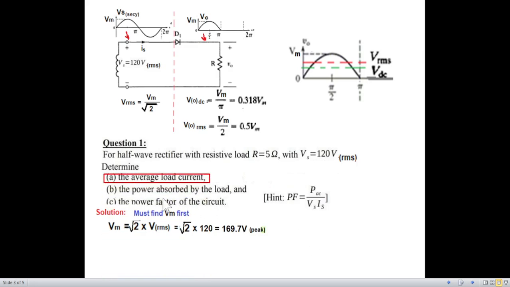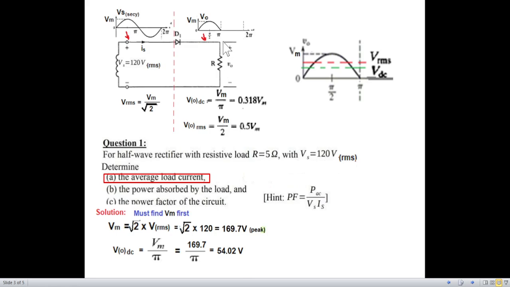Vm we have known, and now we can find the first, that is the average load current or the DC load current. For that we need to find the DC voltage first. VODC is Vm over pi, 169.7 over pi. So this is 54.02 volt.